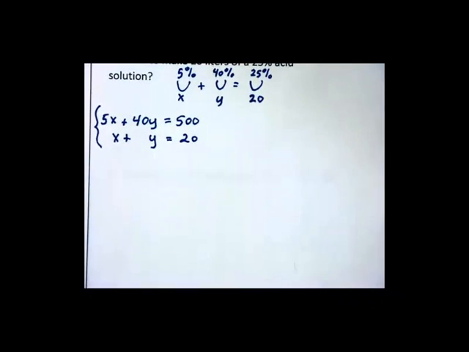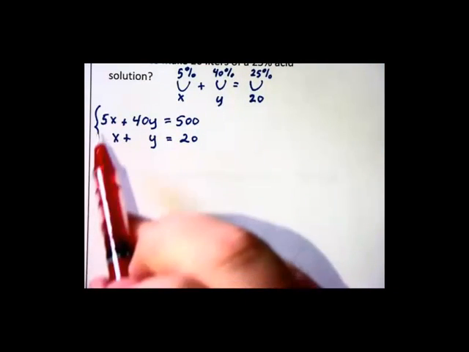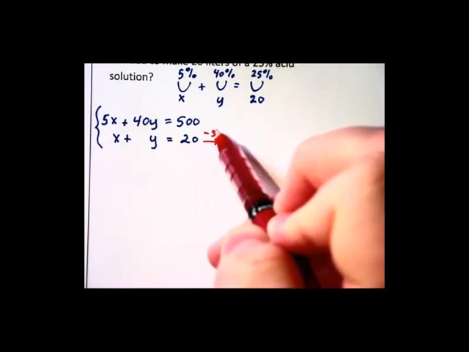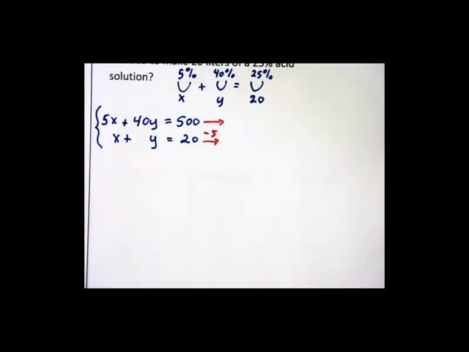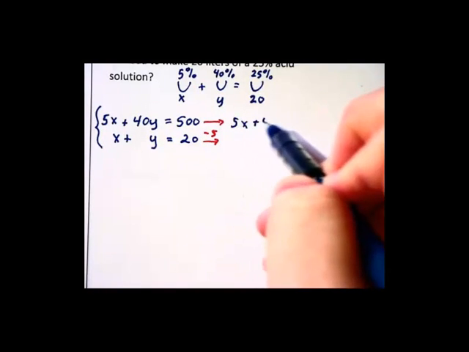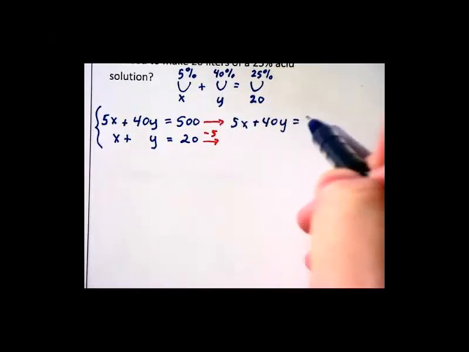Okay, I'm going to choose to eliminate the x's by multiplying through on the second equation by -5 and sliding the top equation over. That will give me 5x + 40y = 500 for the first equation.